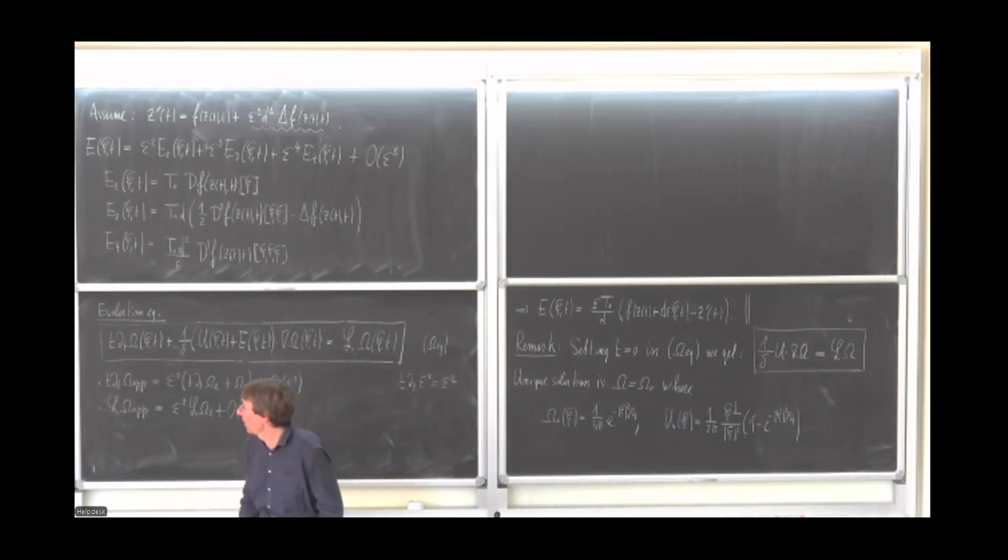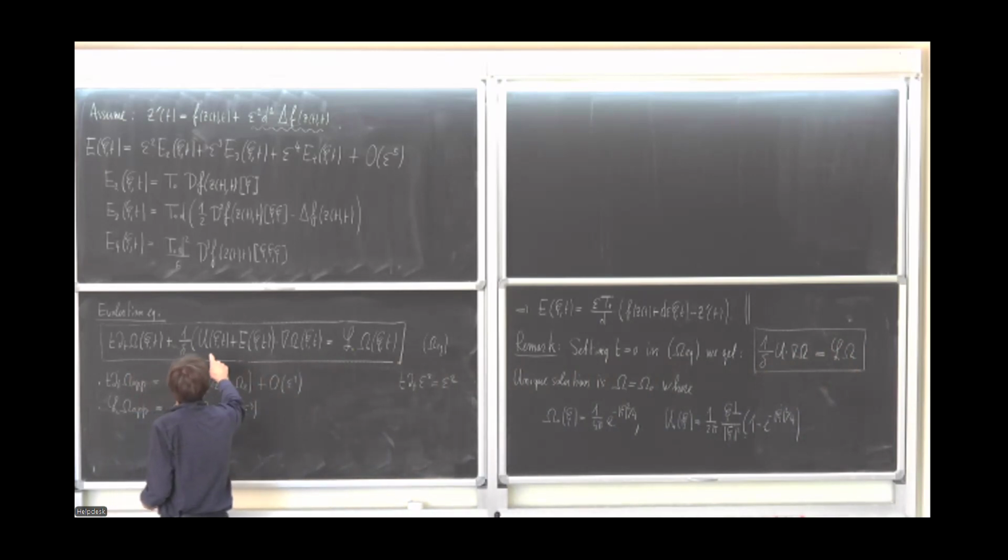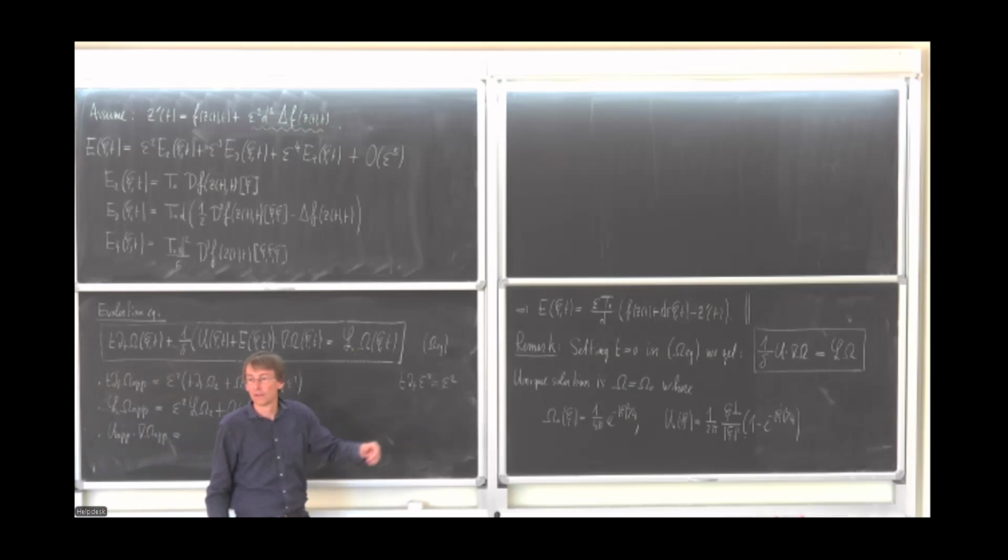Now I have to compute the non-linear term, u dot grad omega. So let's compute u r dot grad omega r. So this is perturbation expansion. U0 dot grad omega 0 is 0, for the same reason as here. This is the advection of a radially symmetric vortex by a radially symmetric velocity field. This gives 0.